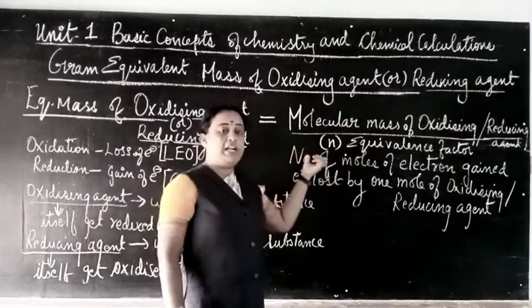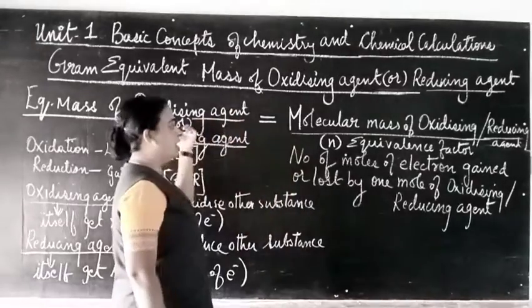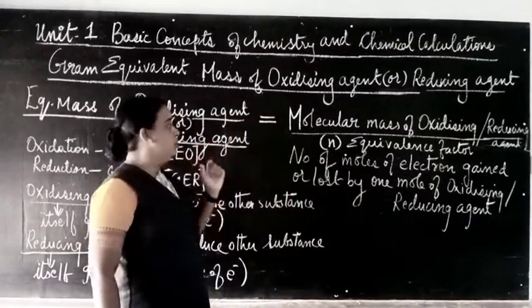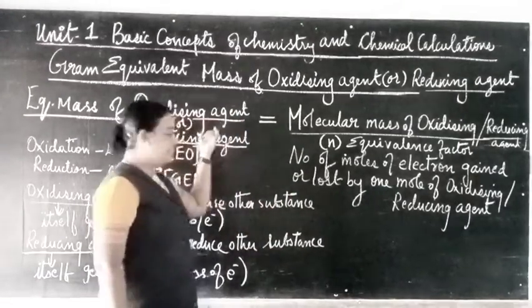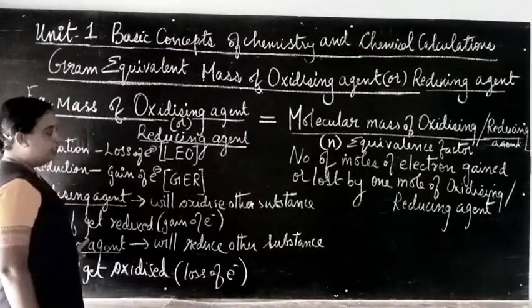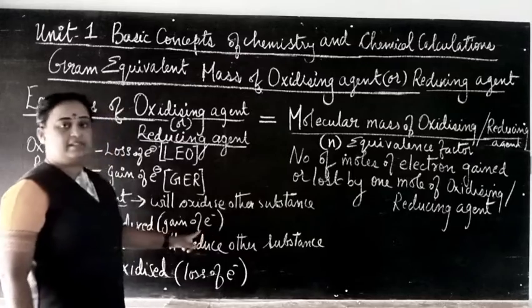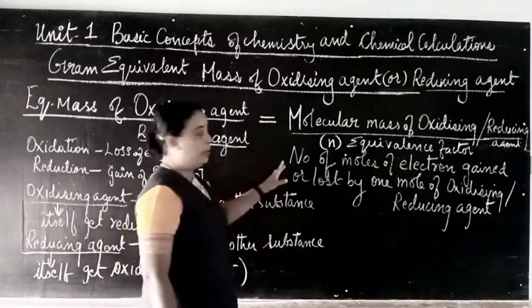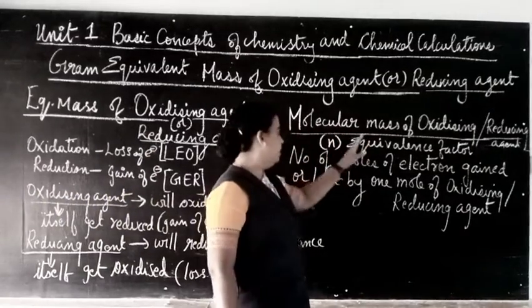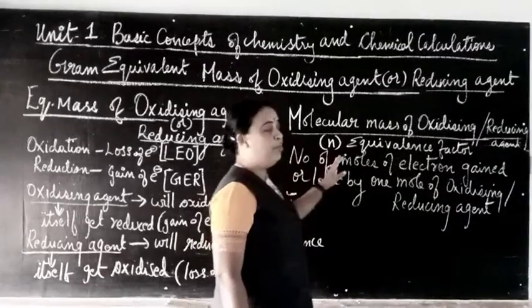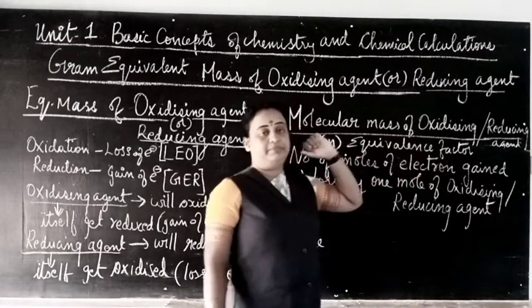Now what is equivalence factor with respect to oxidizing agent and reducing agent? Oxidizing agent itself will get reduced, and reduced means gain of electrons. So if it is an oxidizing agent, the equivalence factor will be the number of electrons gained.